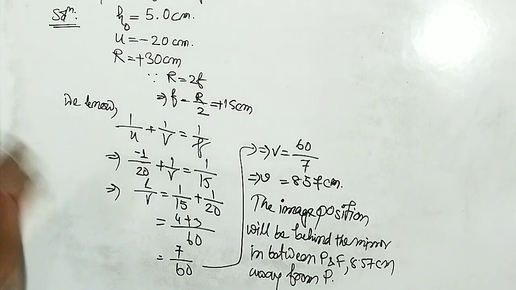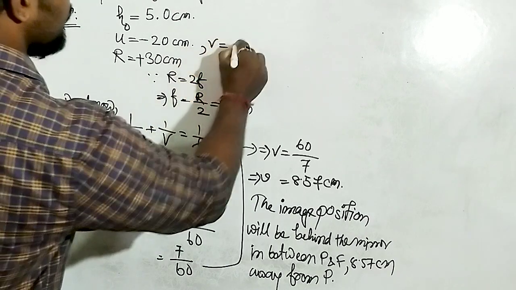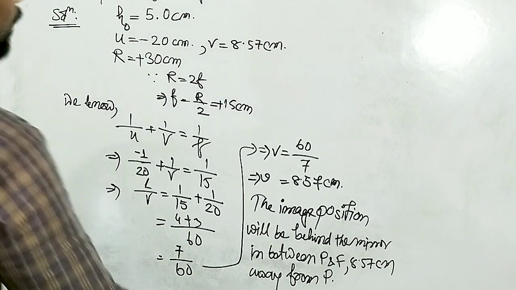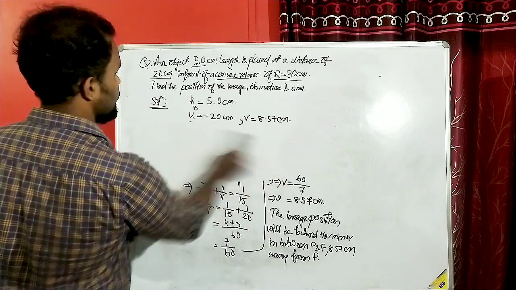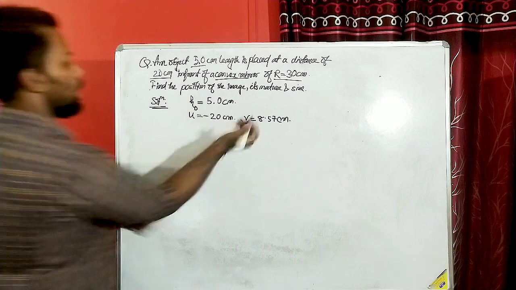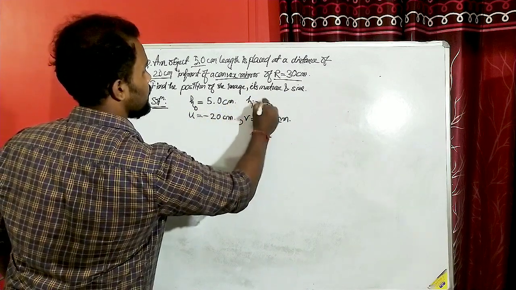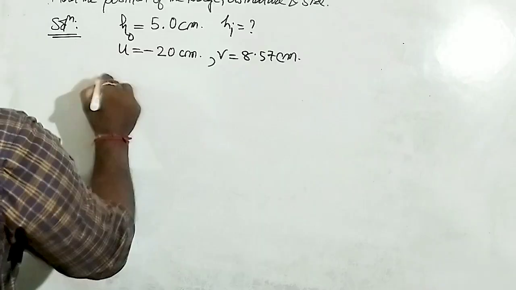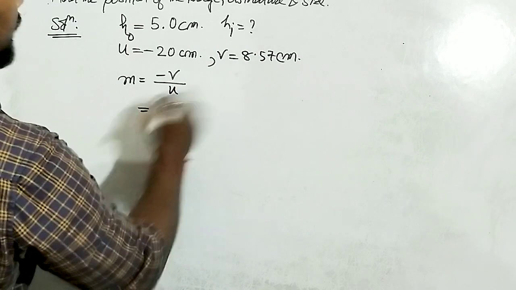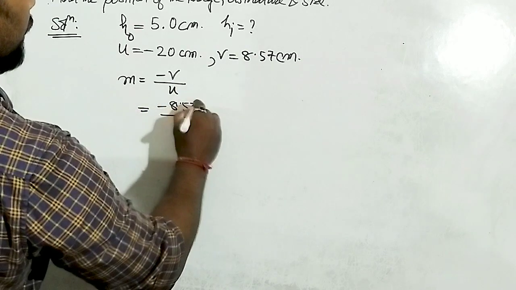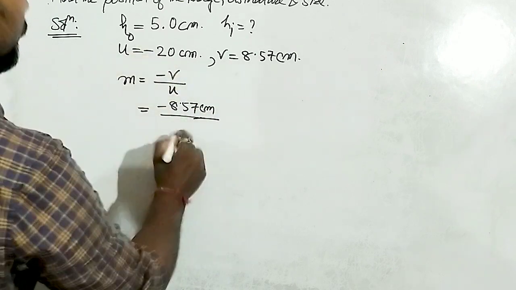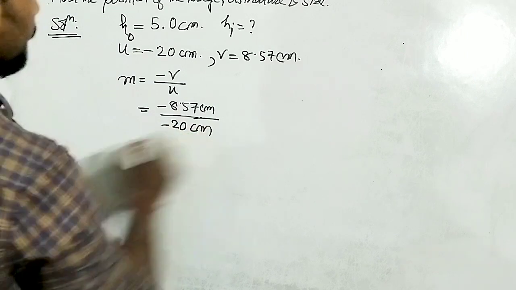So the nature and the size. First, we have got V equal to 8.57 centimeter. Clear? So I will erase this part. We are going to need only V and U. We have the h o. We need the h i, that is image size, or image height. So we know that magnification m is equal to minus V by U. Minus V is minus 8.57 centimeter, and U is minus 20 centimeter, right?